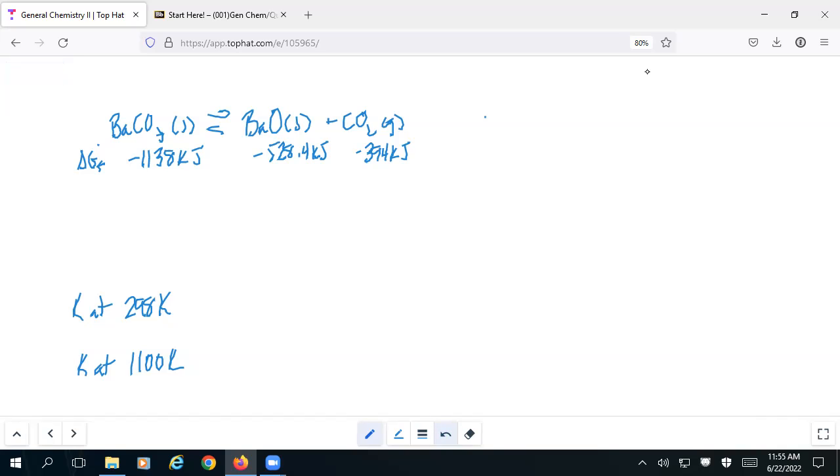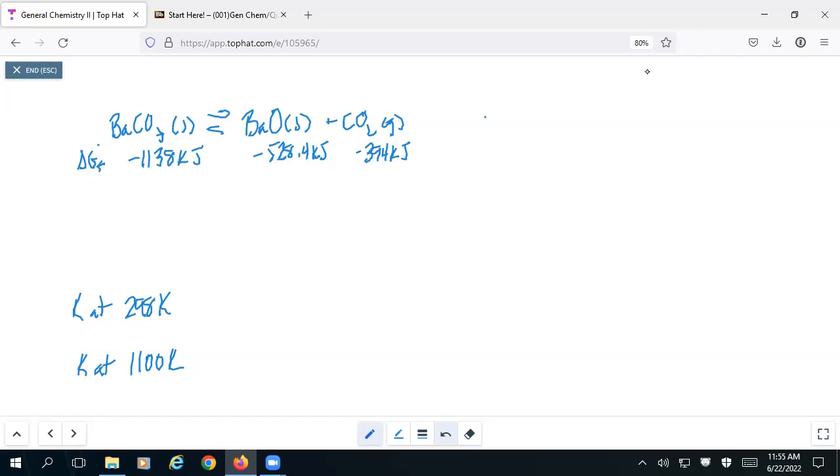Some of you went and did the delta H of formation, delta S calculations, put it into that Gibbs equation to figure out delta G, and that works, if we're at 298 Kelvin in particular. Now, if we're not, then there are adjustments that we would have to make.